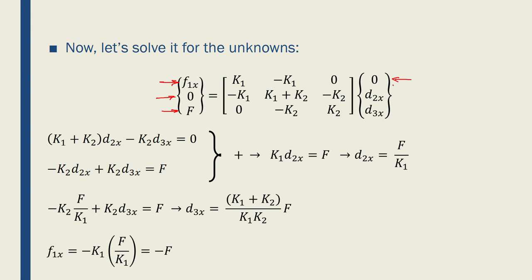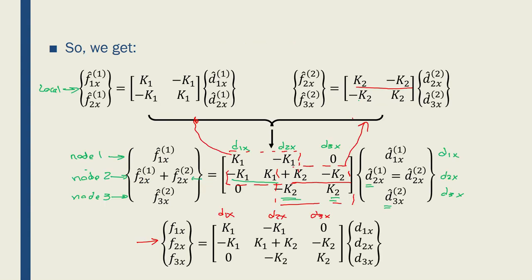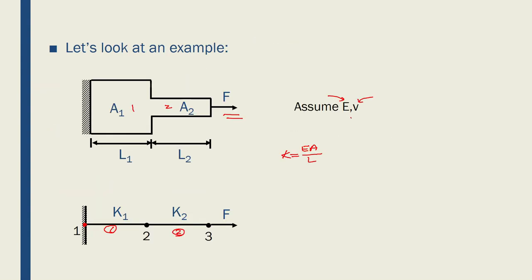We know that at node 1, it's fixed, so displacement is 0. But we know the displacements at nodes 2 and 3. So here I have a 3 by 3 matrix. And why is that? If I go back to my example here, I have 3 nodes and 1 degree of freedom per node.